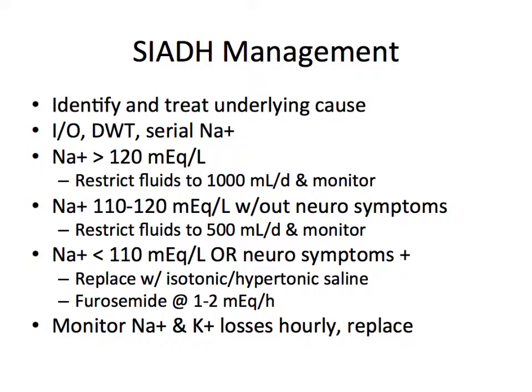If the sodium is between 110 and 120, and the patient is without neurological symptoms, fluids are restricted to 500 milliliters per day, and the patient's monitored. If the sodium drops below 110, or the patient develops neurological symptoms, then the patient is usually initiated on isotonic or hypertonic saline. A furosemide drip may also be considered.